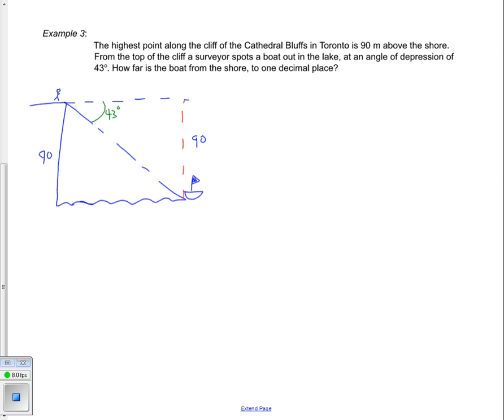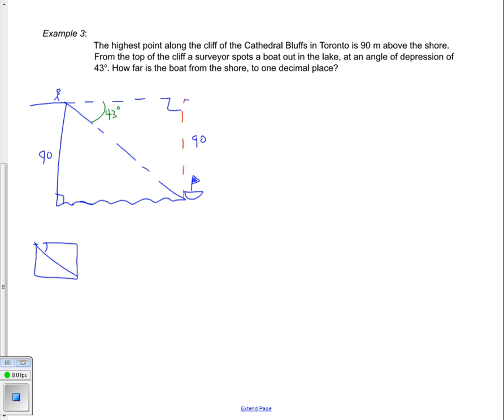The reason it's 90 meters is that this is a 90-degree angle, and this is also a 90-degree angle. So we can figure out how far away this boat is, because this is actually a rectangle.